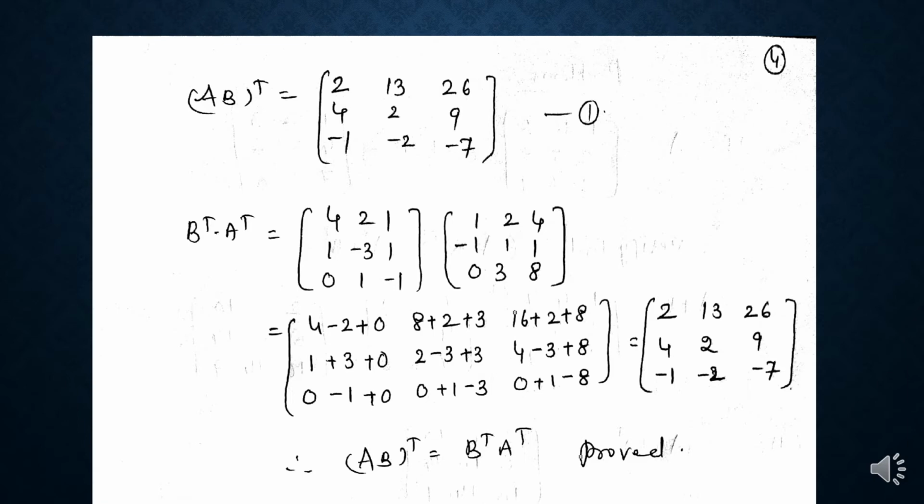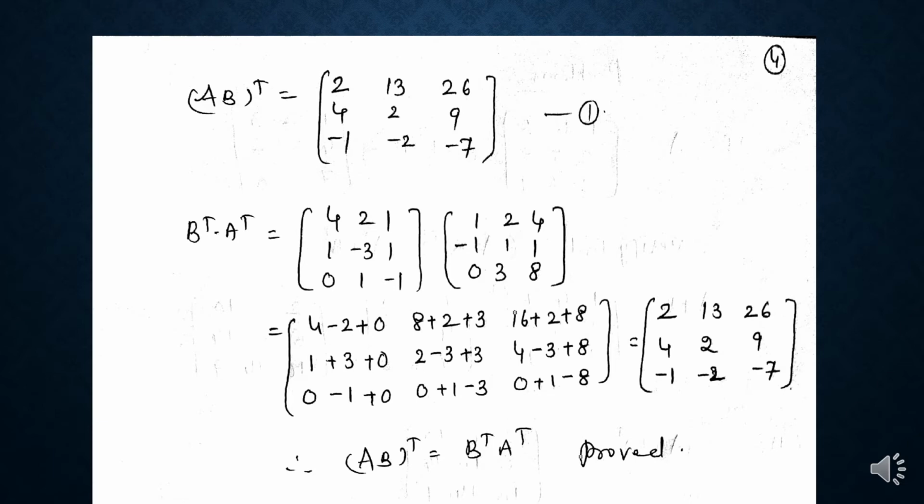Second row third column: 1 into 4 is 4, minus 3 into 1 is minus 3, plus 1 into 8 is 8. Now the third row first column: 0 into 1 is 0, plus 1 into minus 1 is minus 1, plus minus 1 into 0 is 0. 0 into 2 is 0, plus 1 into 1, plus minus 1 into 3 is minus 3. 0 into 4 is 0, plus 1 into 1 is 1, minus 1 into 8 is minus 8.